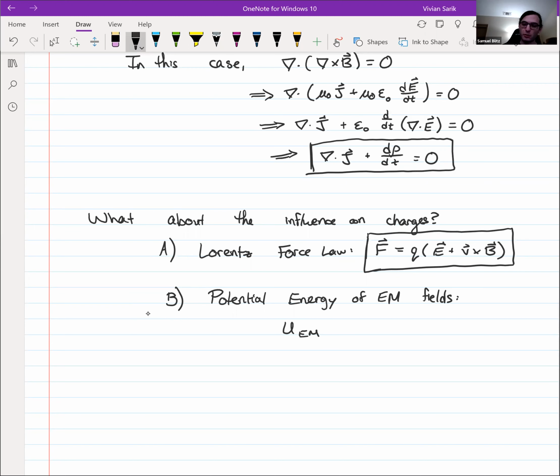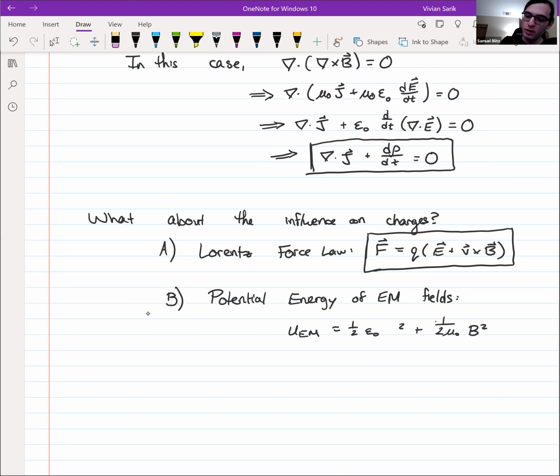So this is just 1/2, and we already know the energy in an electric field. It's 1/2, this is energy density, by the way, 1/2 epsilon naught E squared. We know the energy density in the magnetic fields. It's 1/2 mu naught times B field. So the total energy is just the sum. Total potential energy.